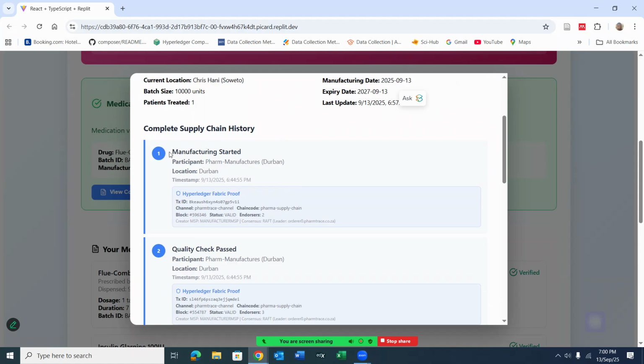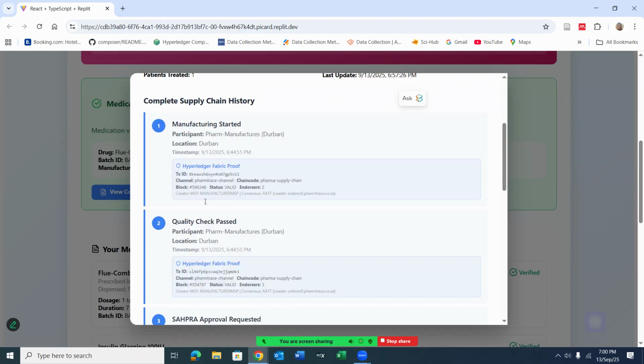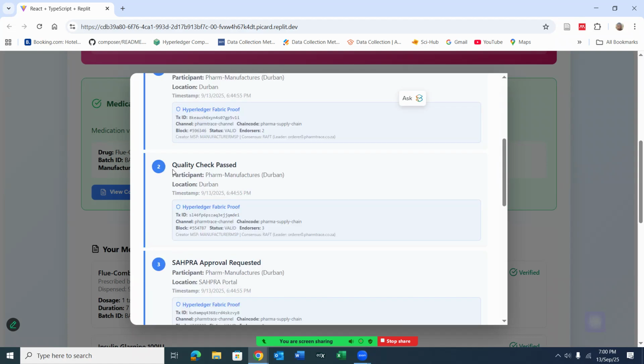So now the complete chain shows that manufacturing started, and SIPO is just looking at this information on his side. It was manufactured in Durban by which company? Farm manufacturers. Then step number 2, the quality check was performed within that farm manufacturer in Durban.